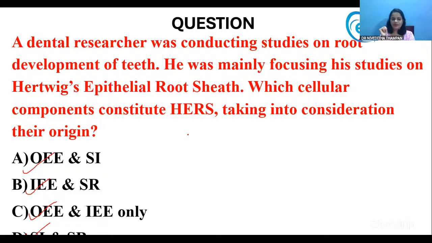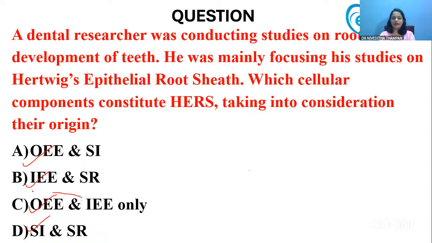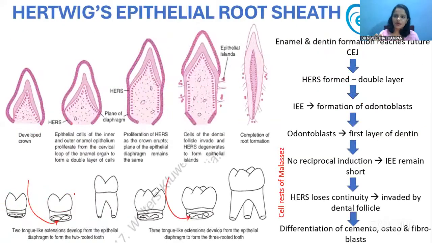Yes, doctors, most of you are right. Hertwig's epithelial root sheath is mainly formed by the outer enamel epithelium and inner enamel epithelium only. When the hard tissue formation, that is the enamel and dentin formation, reaches the cervical loop, the future cemento-enamel junction region, Hertwig's epithelial root sheath starts getting formed.